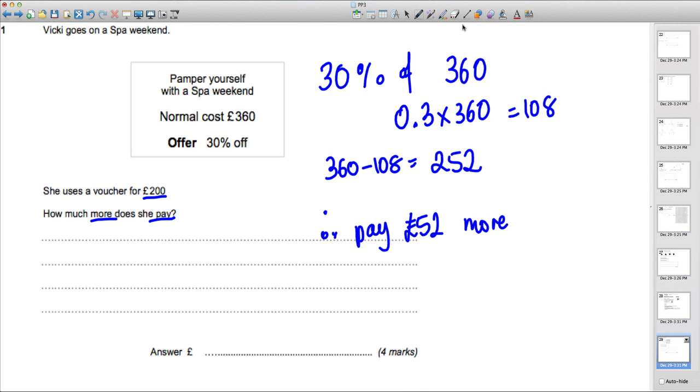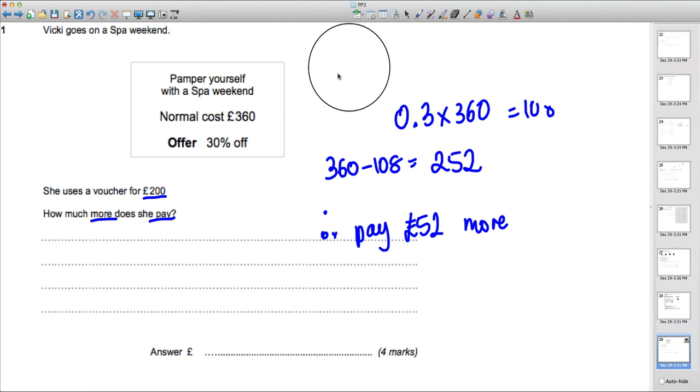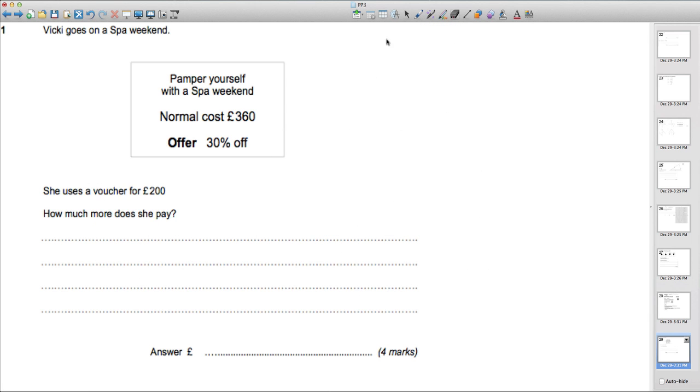And it's as simple as that. Alternatively, a quicker way, probably the way I like the best, I'll write down the discounted cost price. If you're getting 30% off, that's like multiplying by the percentage multiplier 0.70, so 0.70 multiplied by 360.